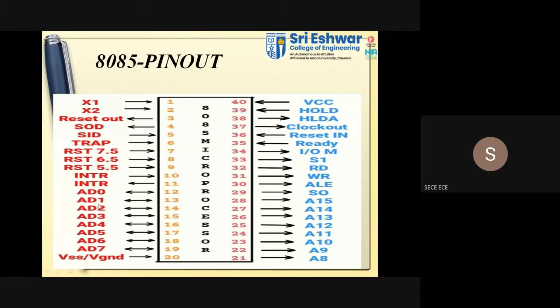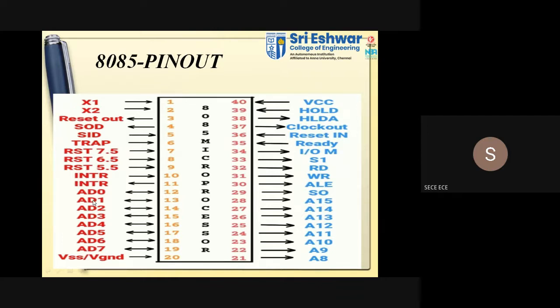How can we separate this address and data? The pin that helps with this is called ALE, address latch enable. When I go for this pin, it separates data and address.